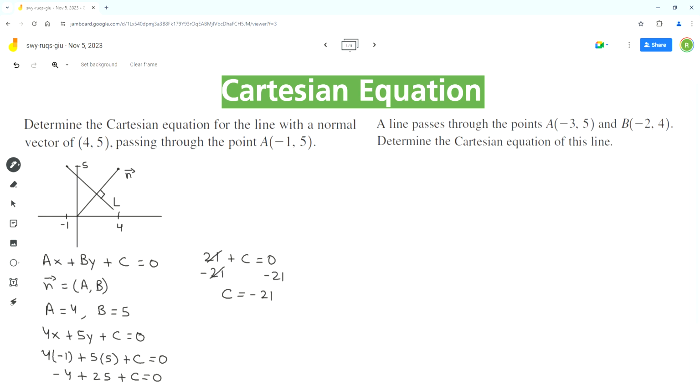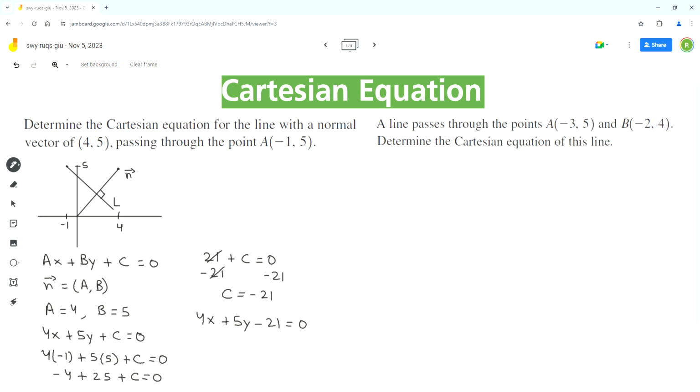So I get c equals -21. That means the Cartesian equation for the line is 4x + 5y - 21 = 0. So this should be the final answer for the first problem.